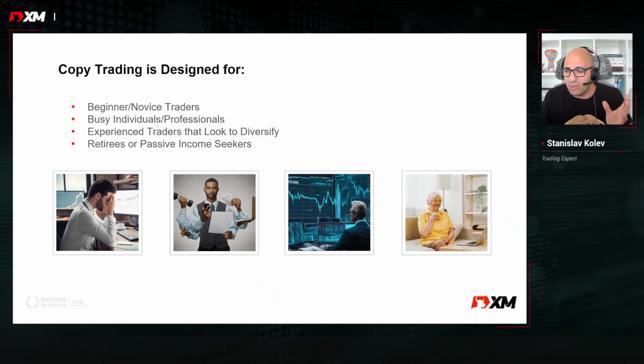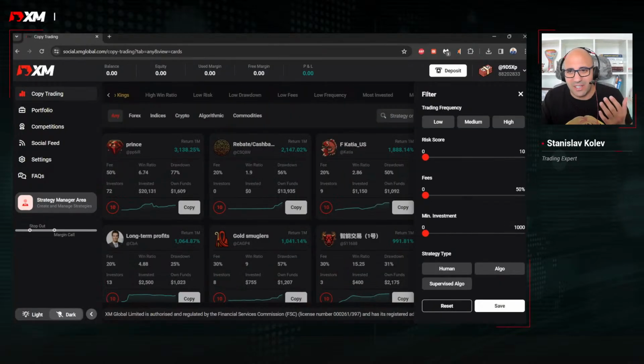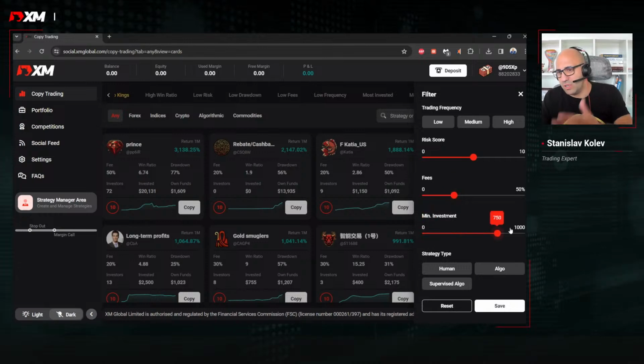Accordingly, they want to seek somebody that is having some very low risk, so let's say up until 5, and fees up until, let's say, 15%. Minimum investment, you could go, let's say, 1,000, or you keep it at 0.